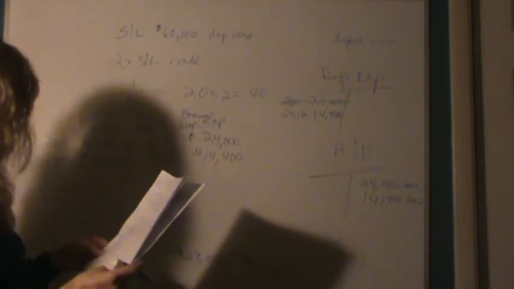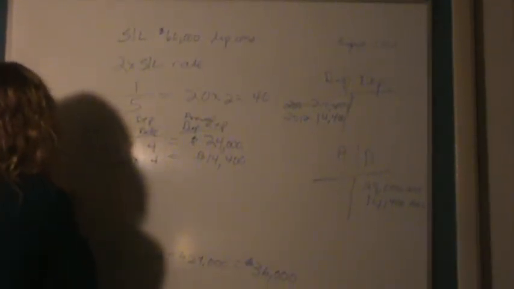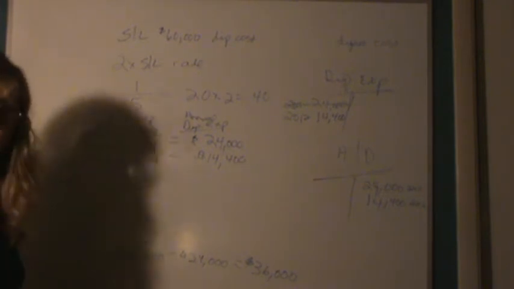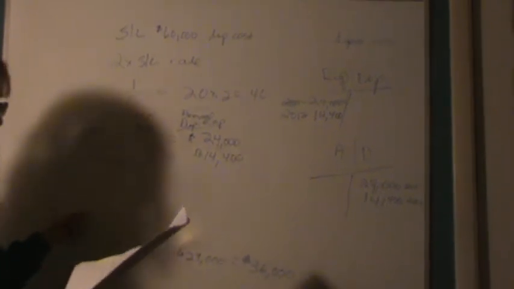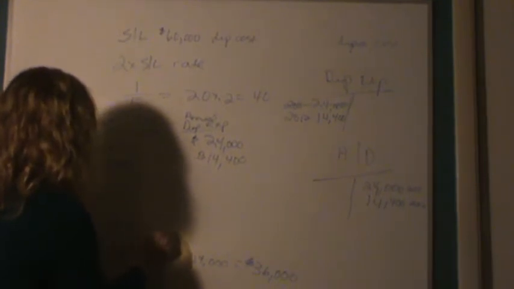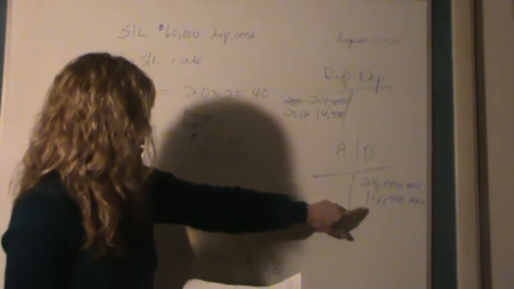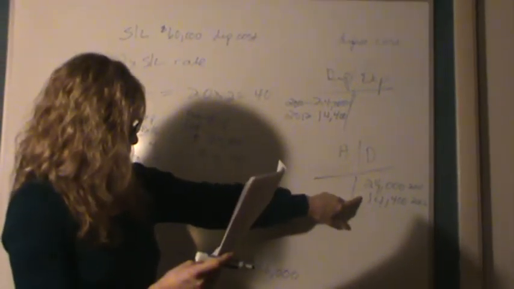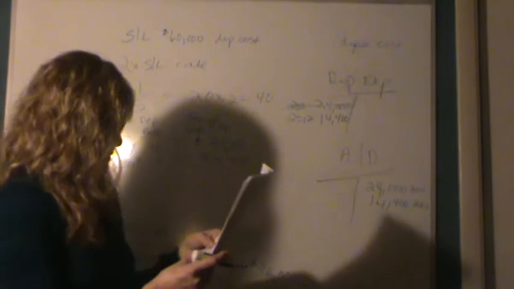And we want the book value, that's what the question had asked for, book value at December 31st, 2012. So our book value at December 31st, 2012 is the same as it's going to be at the beginning of 2013. So we can go ahead and take our 60,000 beginning and subtract out our accumulated depreciation thus far, which is 24,000 plus $14,400.